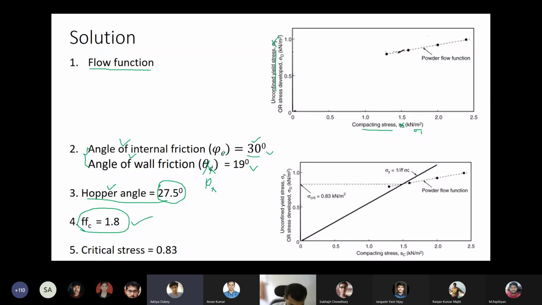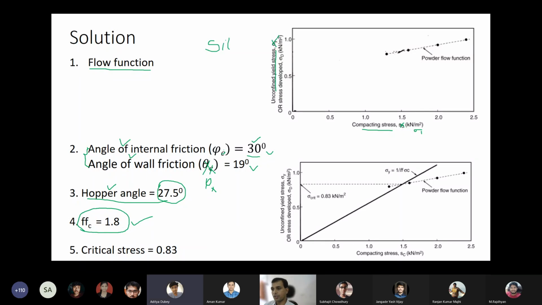Sir, I have a doubt. Sir, we have been given the graph of sigma 1 and sigma c, so can't we directly calculate the ratio, and that would be equal to FFC as the formula you mentioned earlier? Where did I give sigma c and sigma 1? Sir, the graph of sigma 1, sigma c, the flow function. This is the flow function, but you don't know the silo conditions, right?